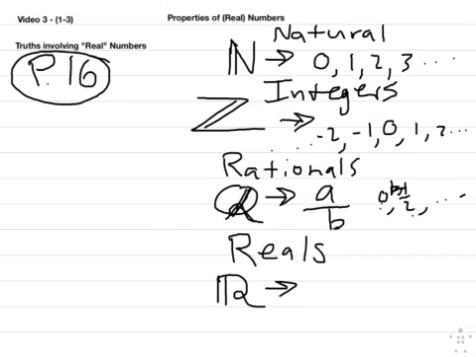Real numbers not only include fractions and all negative and positive numbers, but also non-repeating decimals, like pi. Pi is 3.14 and so on, and it goes on forever. There's no ending, so it's not a rational. We call it an irrational number.